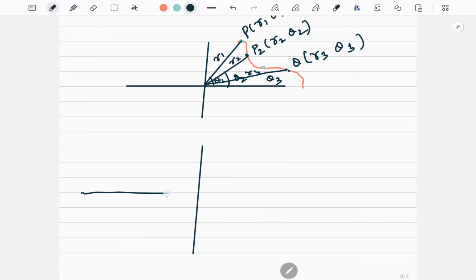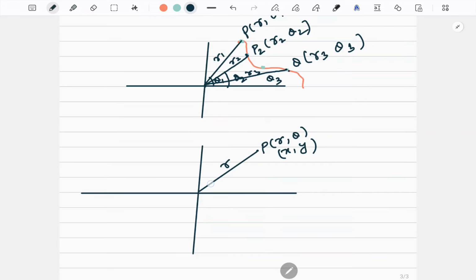Okay, right? Now I have a point P. I can say it is r comma theta. At the same time I can say P is x comma y. When I say r comma theta, I will be joining this.